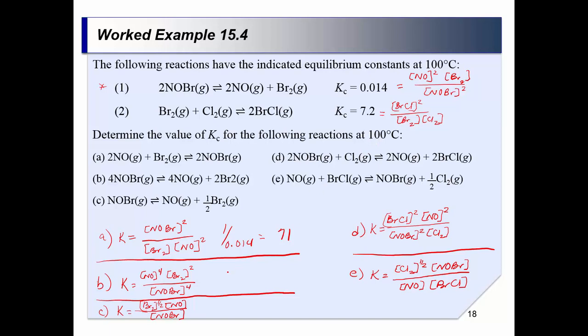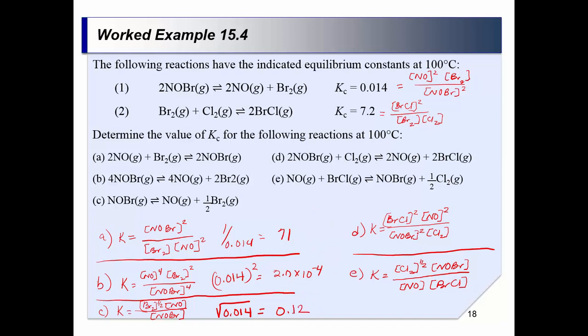So I have 0.014 squared, which equals my new Kc, which in this case is going to be 2.0 times 10 to the -4th. Now for C, I'm multiplying this equation by 1/2, and in order to multiply it by 1/2, then when I look at the Kc expression, that's actually the square root. So mathematically, I need the square root of this number, and I get 0.12.